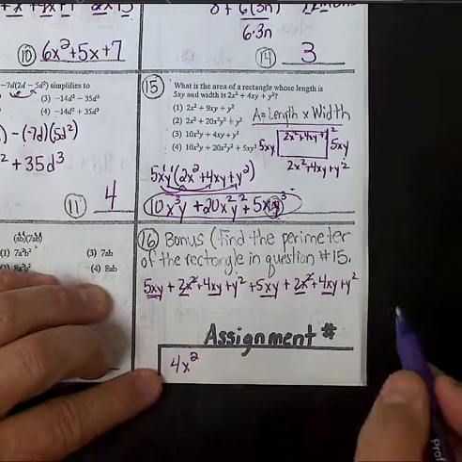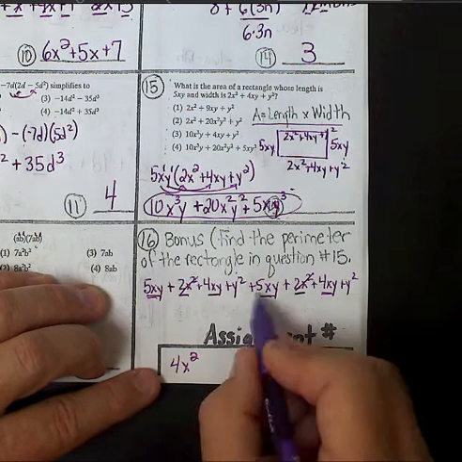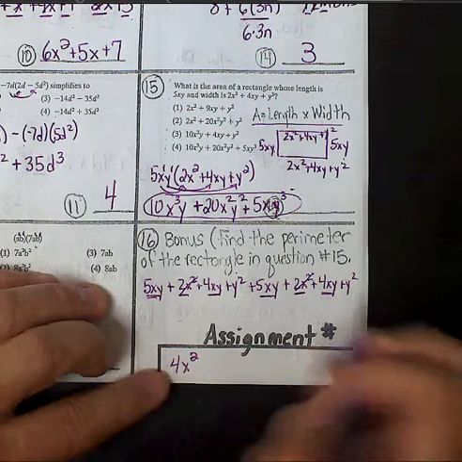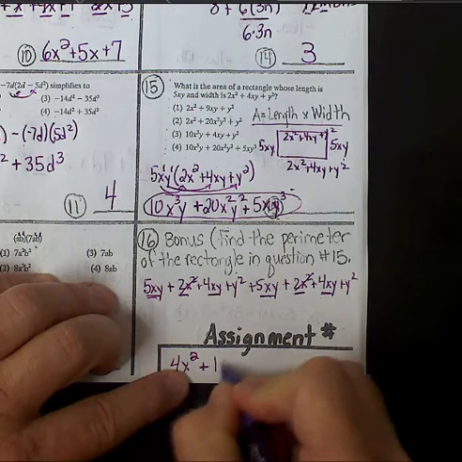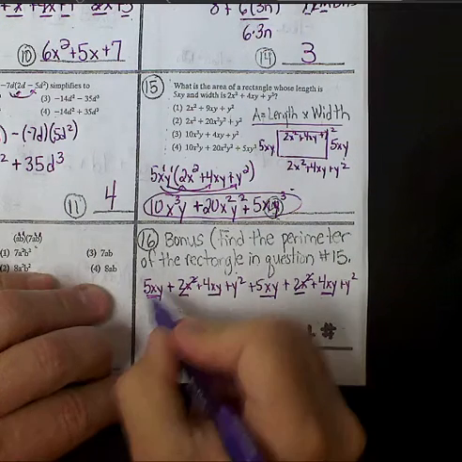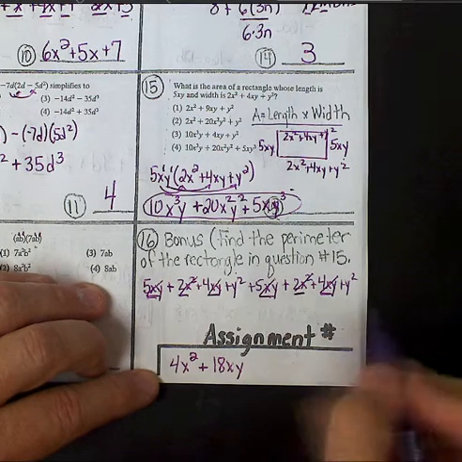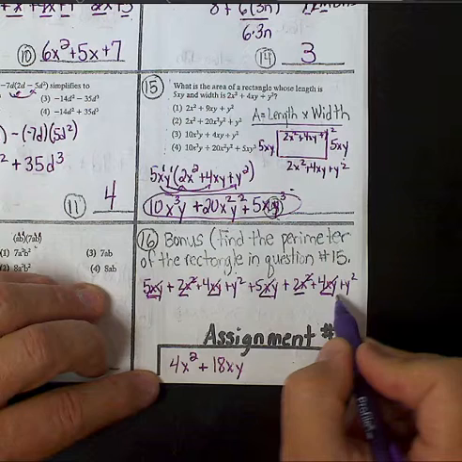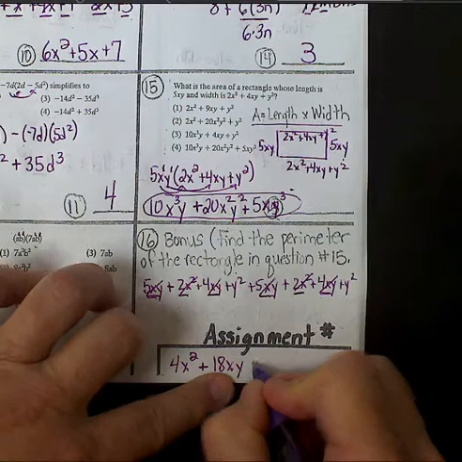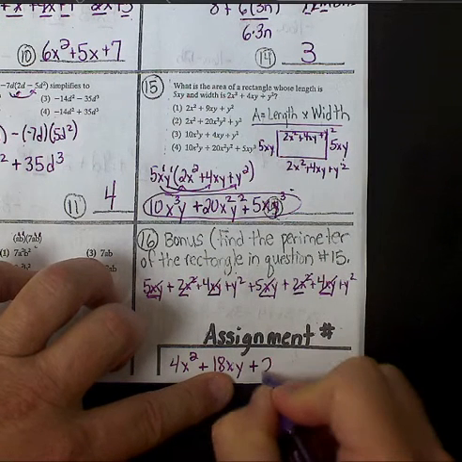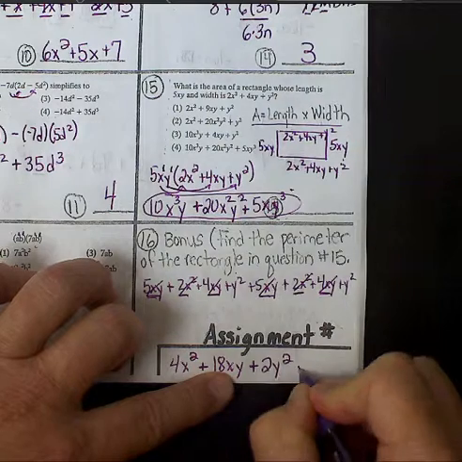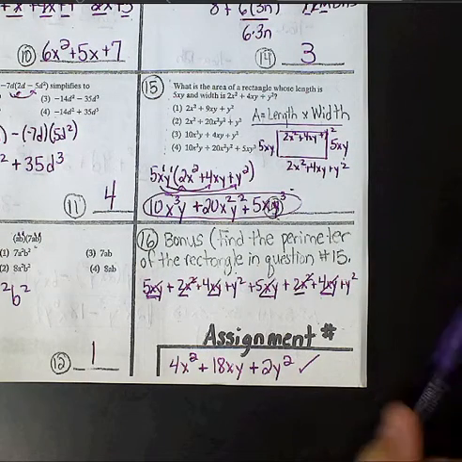Since they're like terms, you just have to add the numbers in front. 5 and 5 is 10, and 4 and 4 is 8. 10 and 8 is 18xy, and I'm done with these terms. The only terms I have left are y squared and a y squared. And when you add a y squared and a y squared, it's just 1 plus 1, which is 2y squared. And that's the perimeter. And that would be the answer for the bonus.